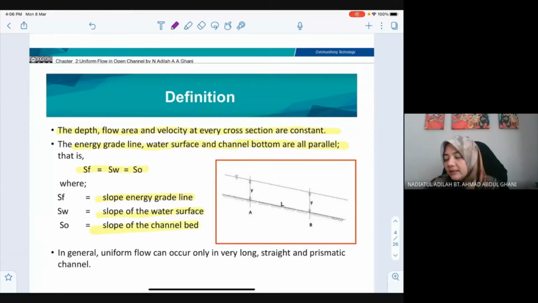Slope of energy grade line ni duduk dekat atas ni, dan slope dia sama dengan slope of water surface.